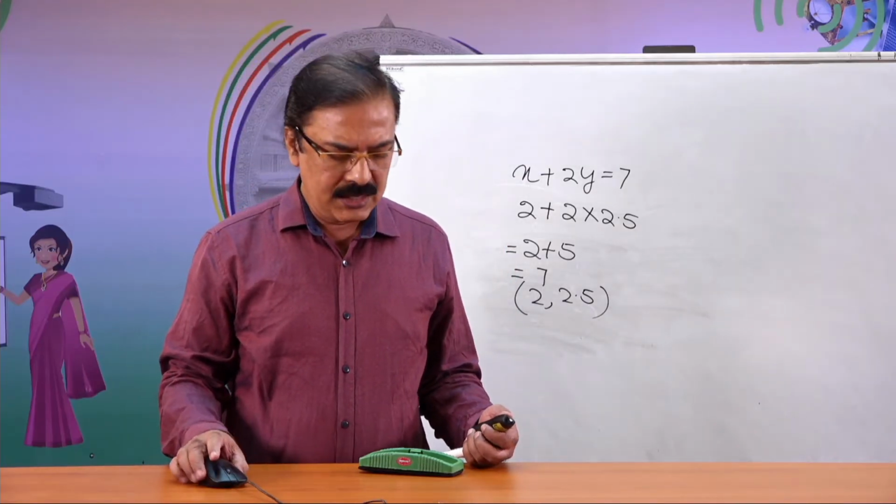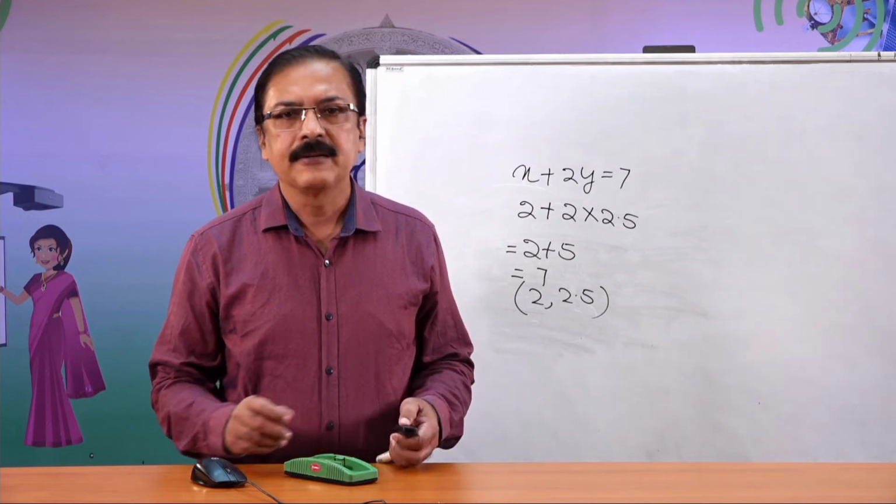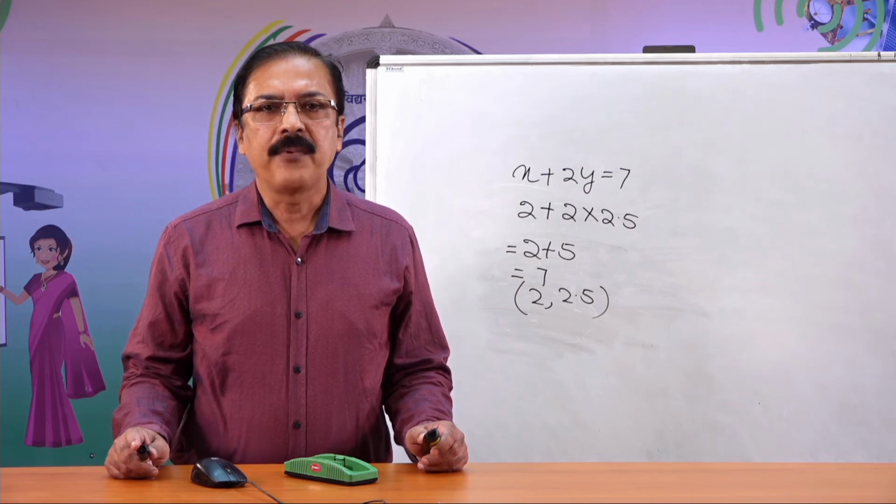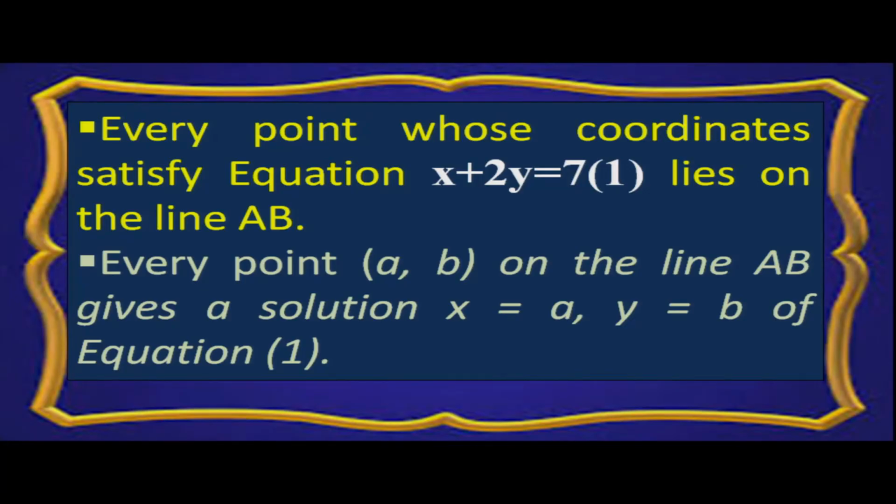From this exercise, what did we get? Every point whose coordinates satisfy equation x plus 2y equal to 7, that is equation number 1, lies on the line AB. Next, every point with coordinates (a, b) on the line AB gives a solution x equal to a, y equal to b of equation 1.